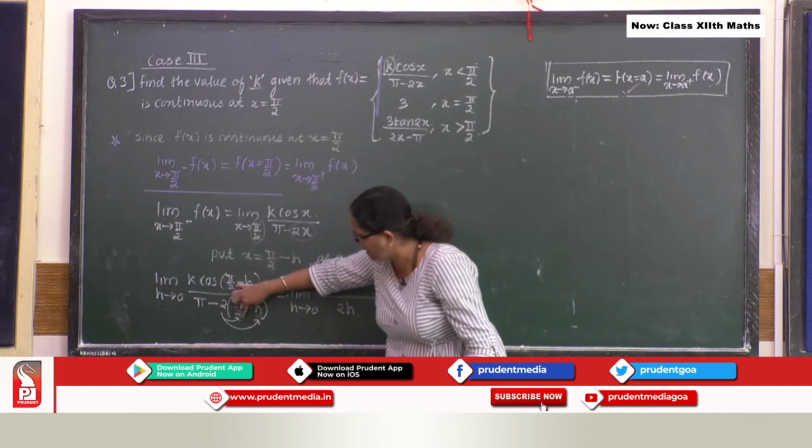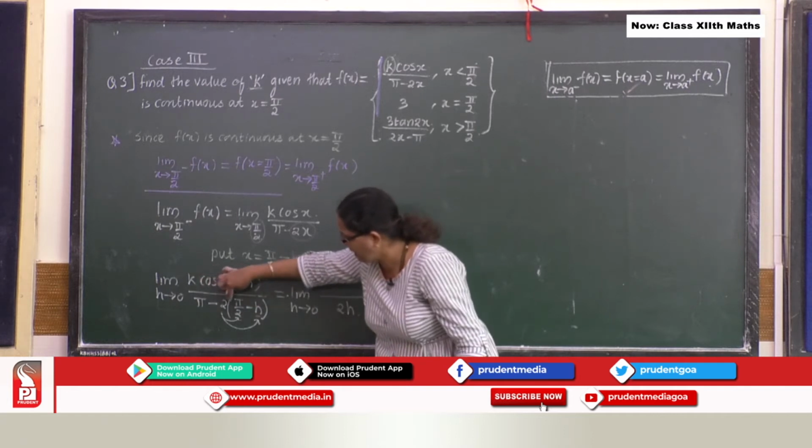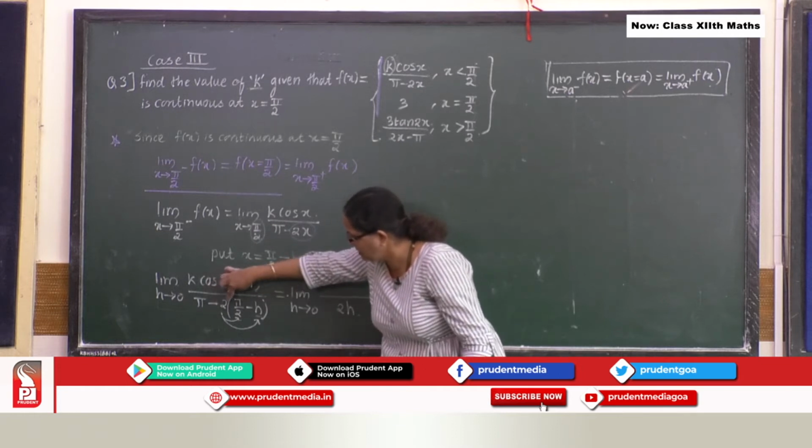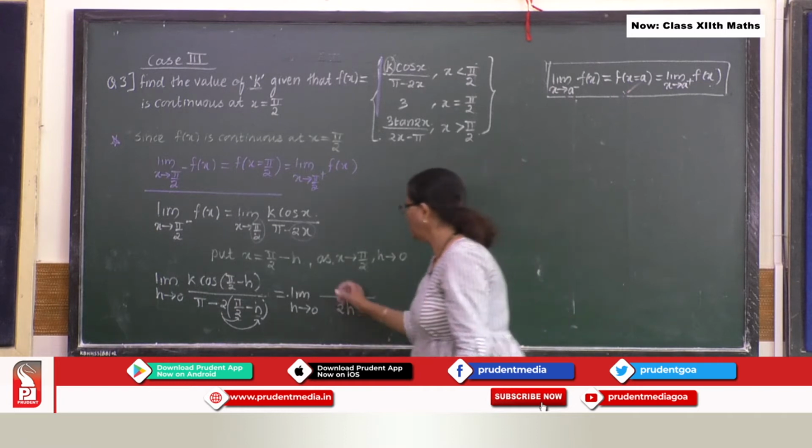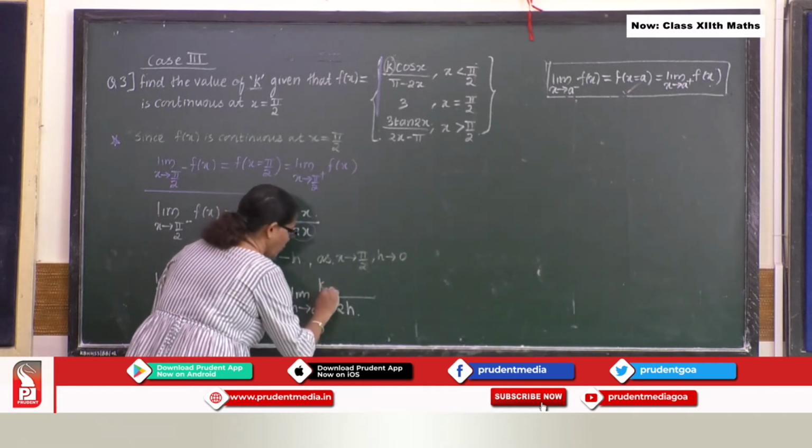So 2 and 2 get cancelled, pi minus pi gets cancelled, and the minus sign goes here. Minus minus will become plus, so I will have just 2h. Then here we go, we say cos.